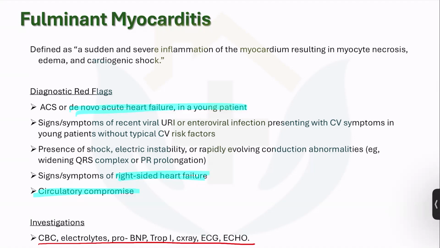You have to rule those out. It will be very close. It will not be fulminant myocarditis and acute liver failure, because obviously then acute liver failure will not be the answer if they have not given something like jaundice. In EDIC one, the options will be very close to one another. You have to rule it out clinically. Just read the question one or two times, they will definitely hide some clue there.